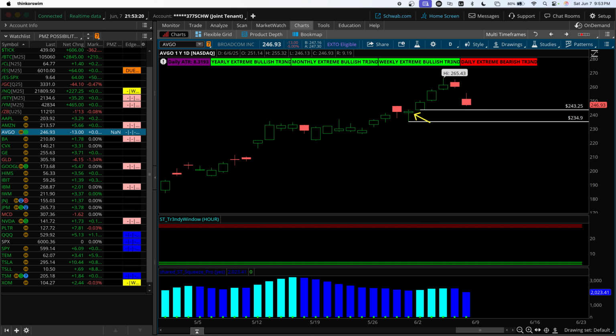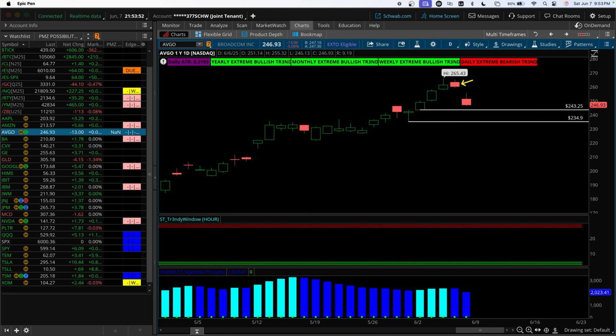Now, I also need to know where my target would be. And again, I'm going to use that inside candle pattern to find my target. If I look above where price is currently at, I can see that this candle right here is an inside candle because it closed within the body of the prior candle, and then we had a move down.